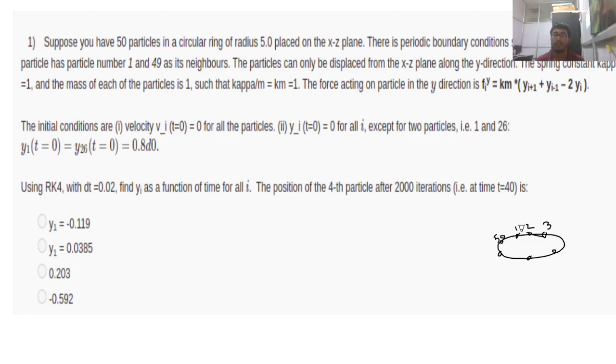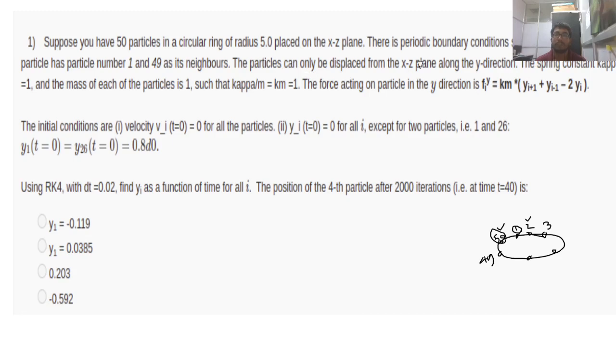For 1 we take 50 and 2 as its nearest neighbors, and for 50, since there is no 51, we take 1 as well as 49. This has to be kept in mind while writing the algorithm for this question.